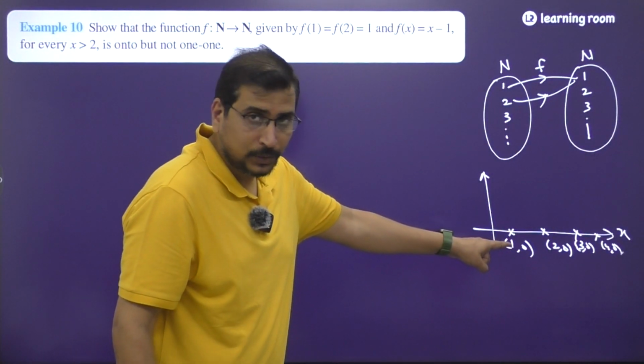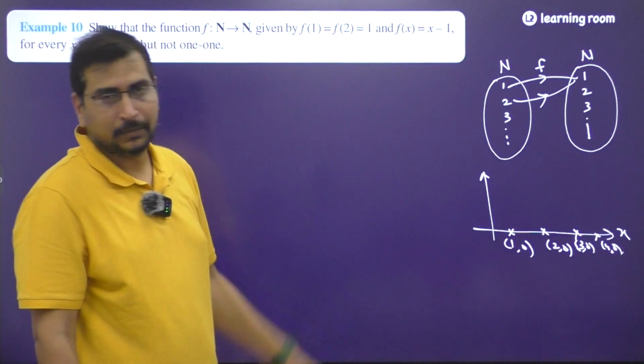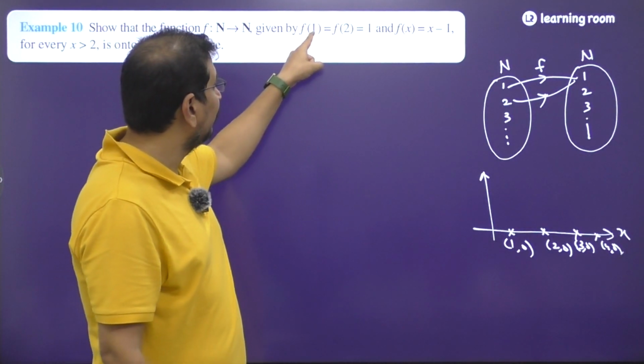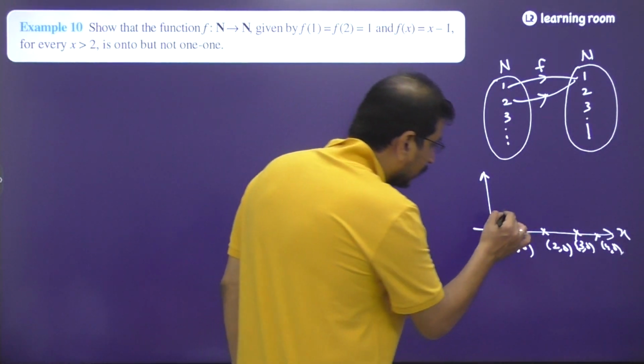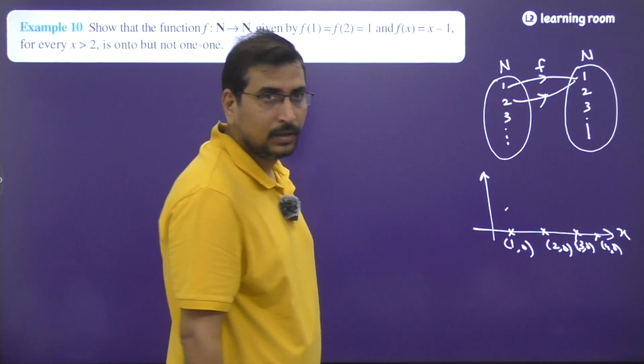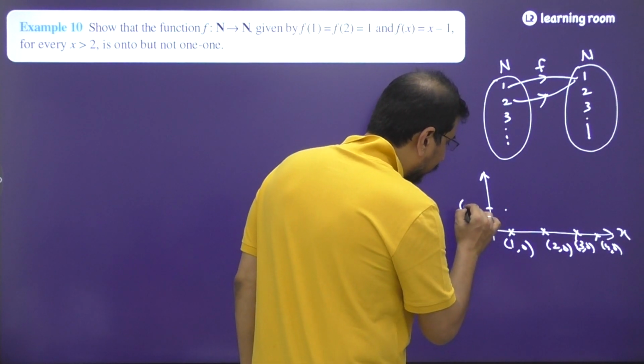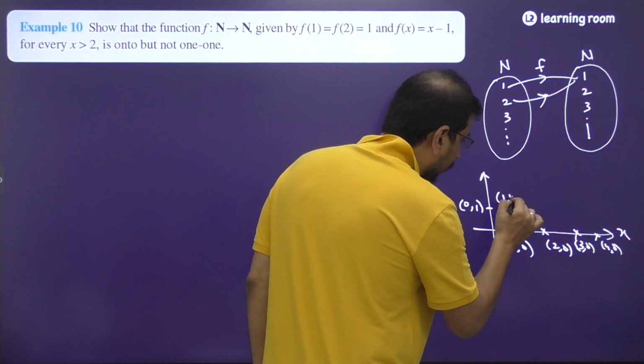When I put x is equal to 1, what is the function generating? 1. Meaning, this is 0 comma 1, so this point is going to be 1 comma 1.